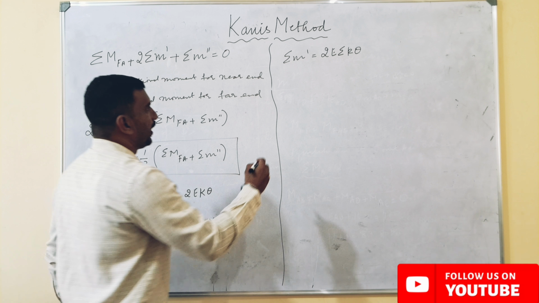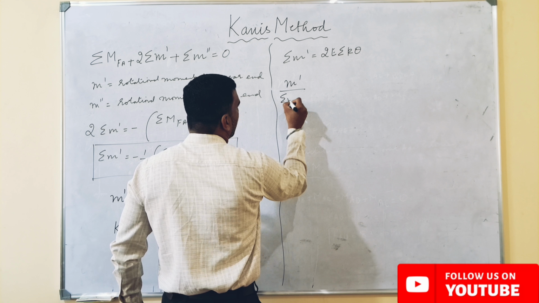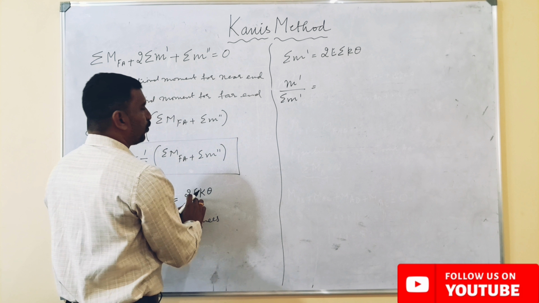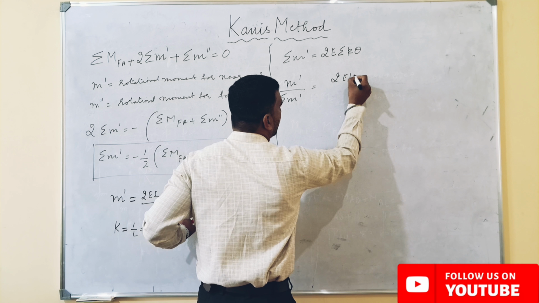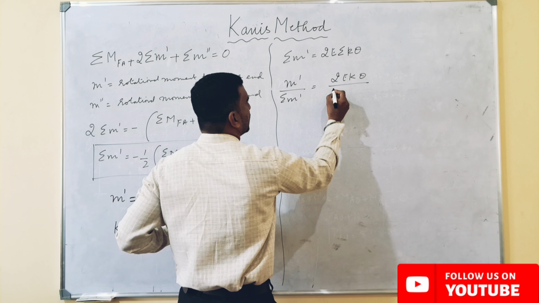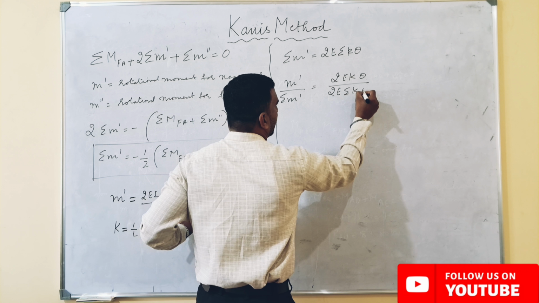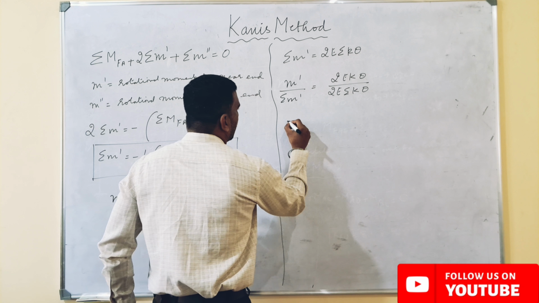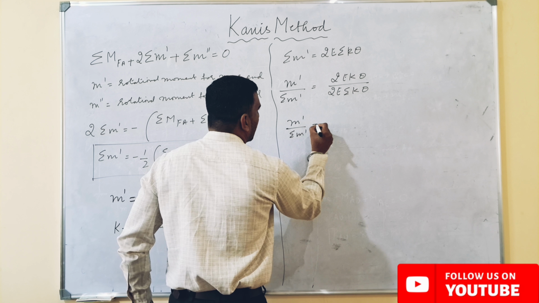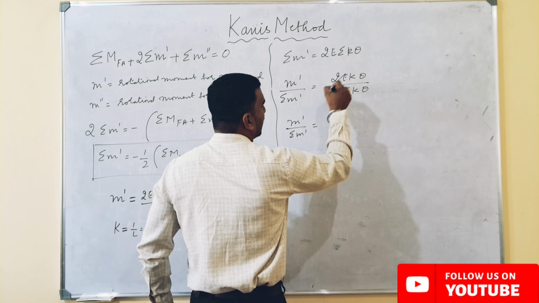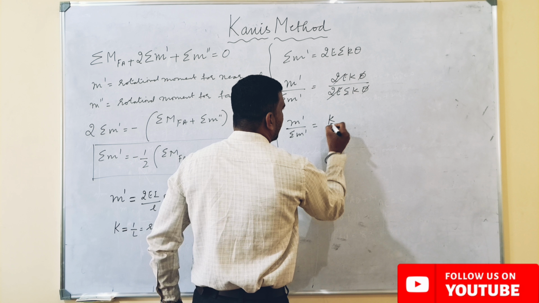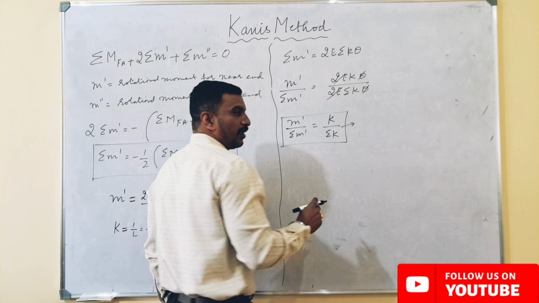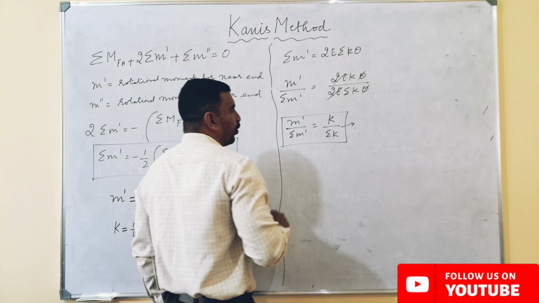So now by taking M dash by sigma M dash, which will be equal to M dash we have taken here, 2EK theta divided by sigma M dash, which is 2E summation of K theta. So this can be written as M dash by sigma M dash is equal to 2E and 2E gets cancelled, theta gets cancelled, we are remaining with K by sigma K. So this K by sigma K is nothing but the distribution factor from our moment distribution method.